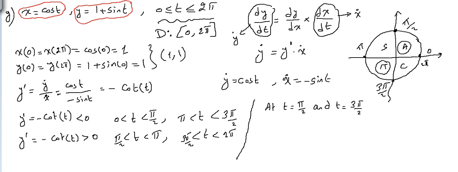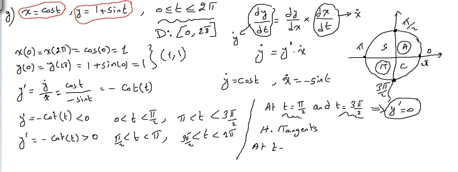Because it's cosine over sine, so it is 0. And as well at 3 pi over 2. In both cases, the derivative, which is cotangent, will be 0. When we have 0 derivative, what do we mean by that? 0 derivative means the tangent at these points, at t equals pi over 2 and t equals 3 pi over 2, is horizontal. Since the derivative is 0, we have horizontal tangents.